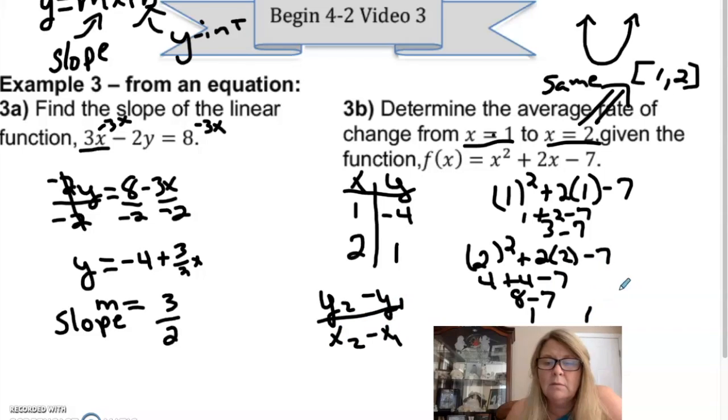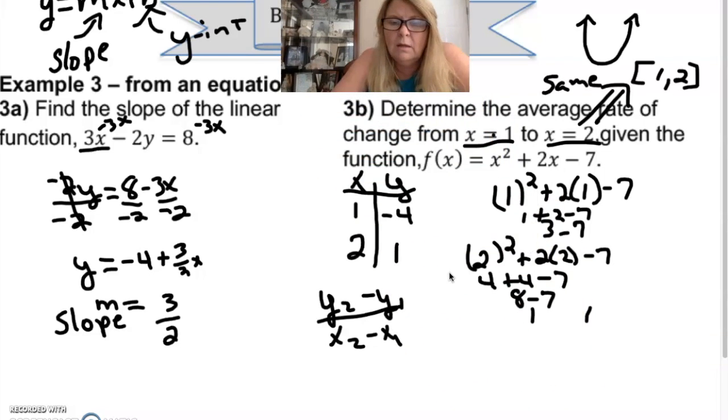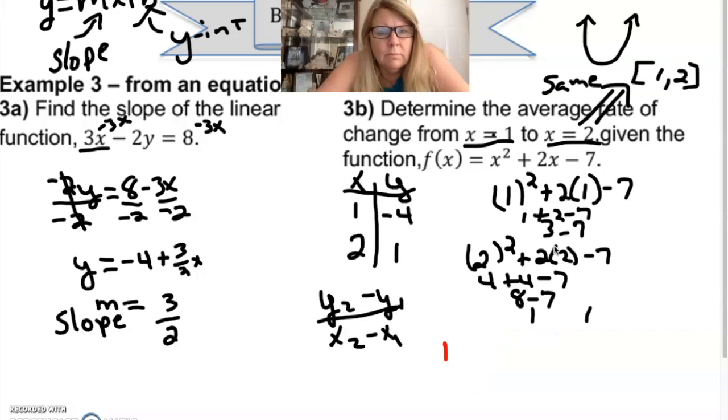Okay, so let me move this up here out of the way. Okay, so when we get to subtract those values, let's see what we will get. So we would have 1 minus a negative 4 over 2 minus 1. Change your signs right there.